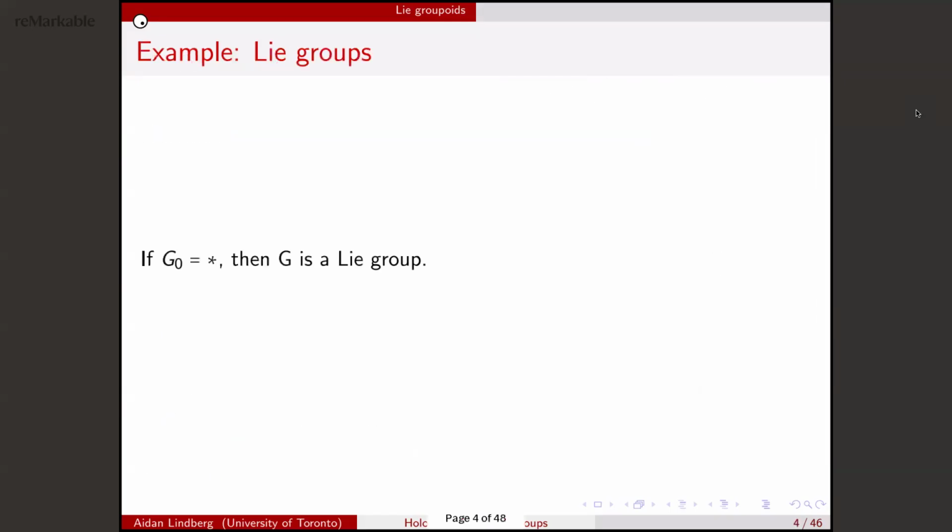Okay, so let's go over a bunch of examples. A very important example is Lie groups. If you have a group G, there's a way of thinking about it as a category with a single object, and then the group elements form the arrows of that category.